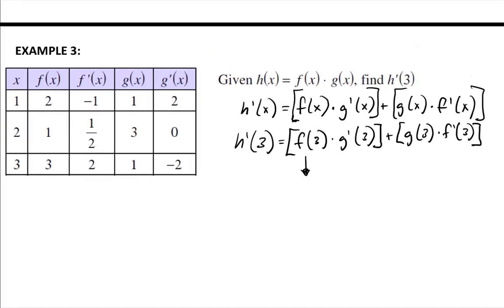So f of 3 is 3, times g prime of 3, which is -2. And then go to the next set of brackets, g of 3.